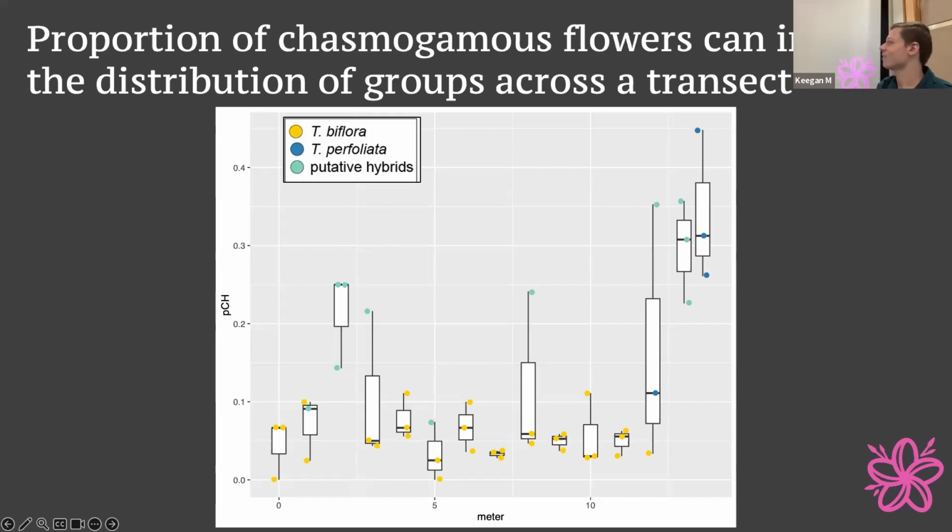So in a natural setting, this indicates potential limits to hybrid gene flow if hybrids closer to biflora are producing fewer open flowers. And as breeding system changes, potential for hybridization also changes drastically.